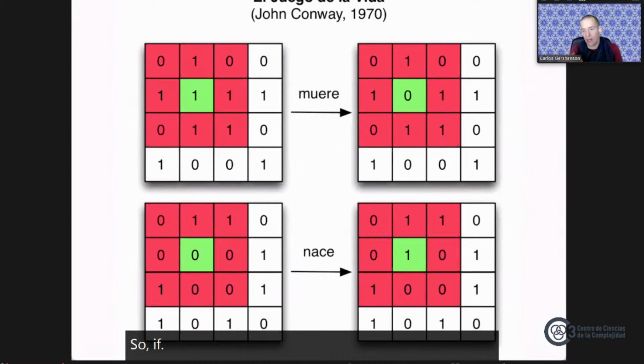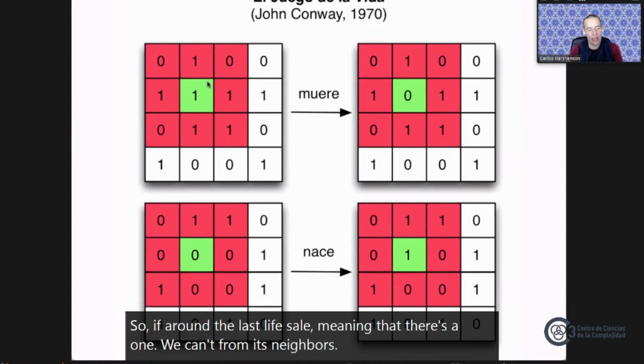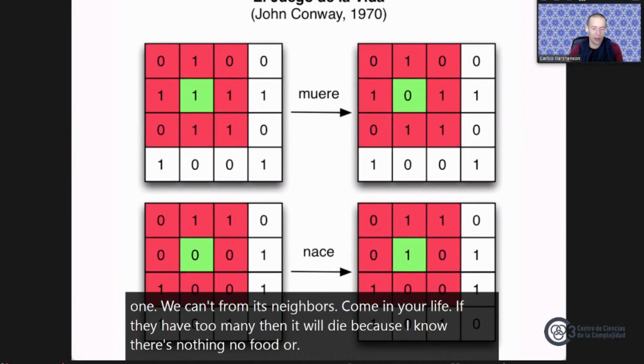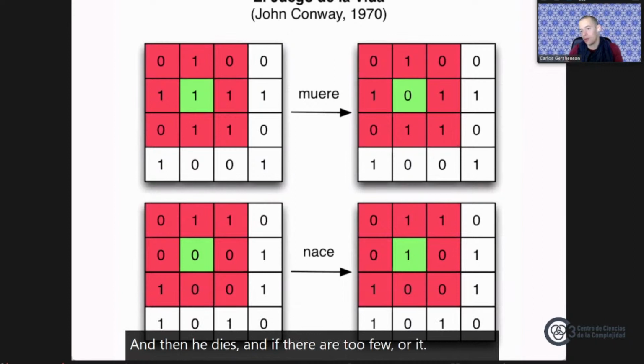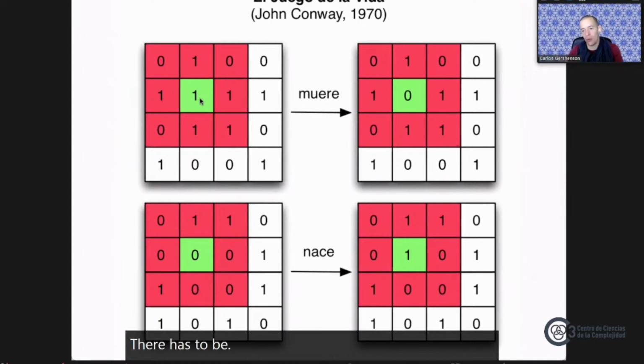If around a live cell, meaning there is a 1, we count how many of its 8 neighbors are alive. If there are too many, it will die because, I don't know, there's not enough food or oxygen. And if there are too few, or it's alone, too cold or loneliness, whatever, it also dies. So in order for a cell to stay alive, there have to be only 2 or 3 neighbors among the possible 8.